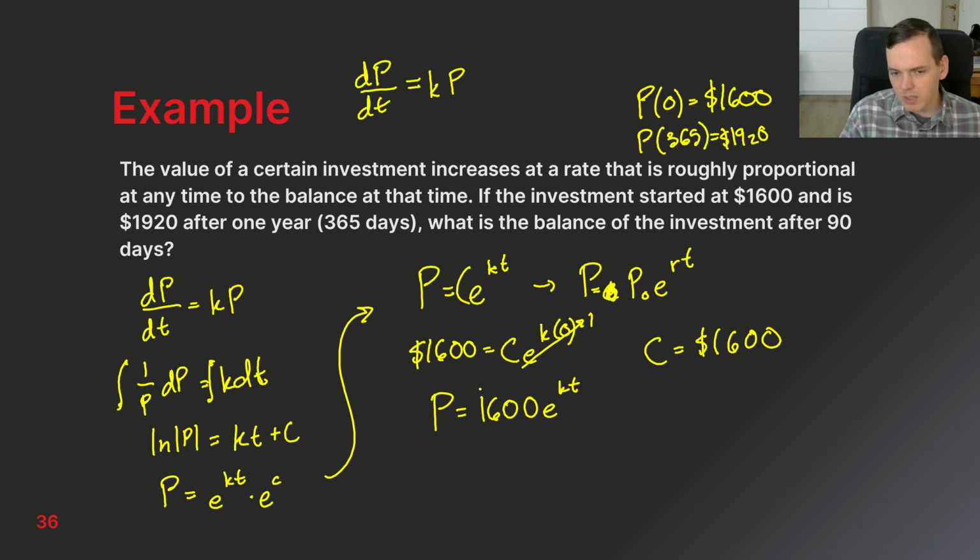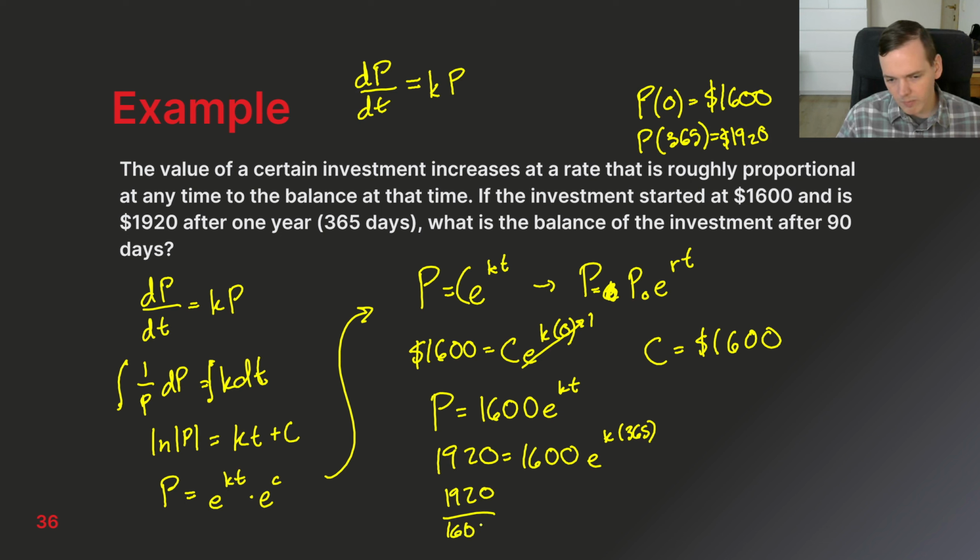And now I know that P of 365 is 1920, which is equal to 1600 e to the k times 365. Taking 1920 over 1600, the natural log of that will equal k times 365 times the natural log of e, which is 1.